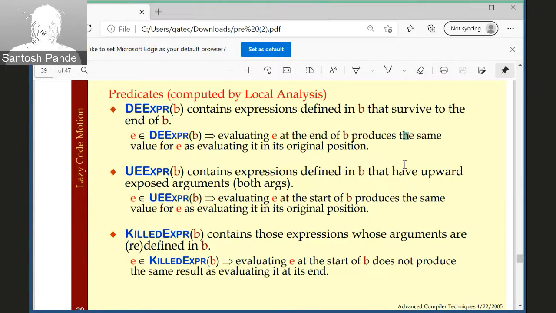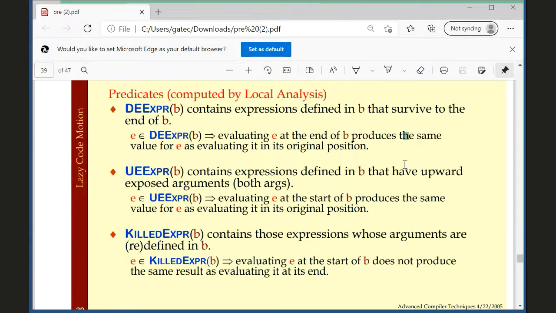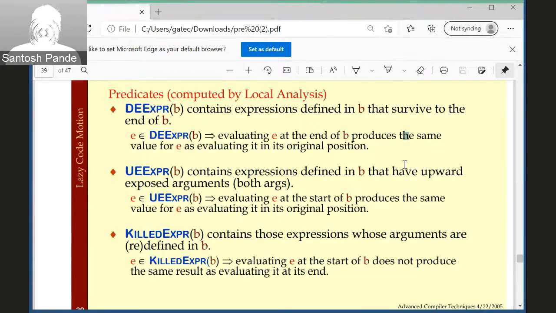Those are upward exposed, which means that if we can move them to the beginning of the basic block, we get the same value, and that defines the anticipatability or the very busyness. We'll use the word anticipatability here because that's the definition which is used by PRE formulations.